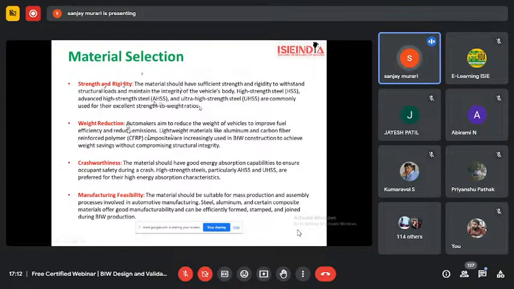Aluminum cannot be used directly; it has to be used with some other materials, like carbon fiber reinforced polymer, or aluminum silicon carbide. Aluminum has to be used in different kinds of combinations. Ultimately, while preparing this material, the manufacturing cost will increase.